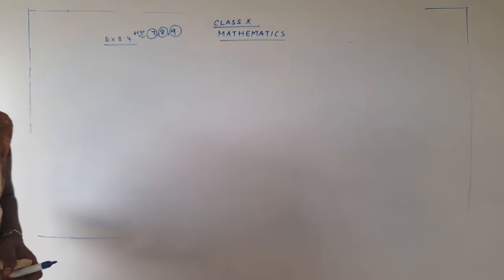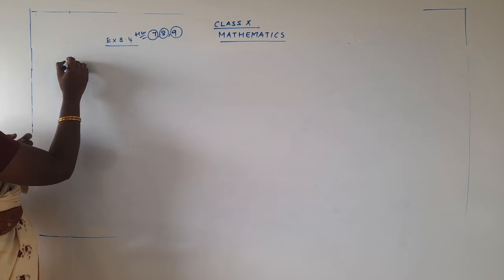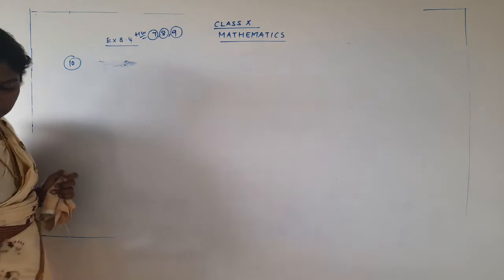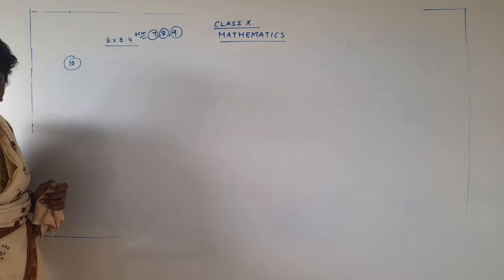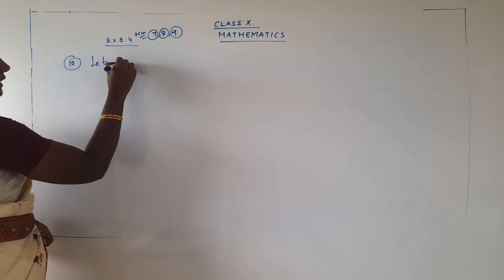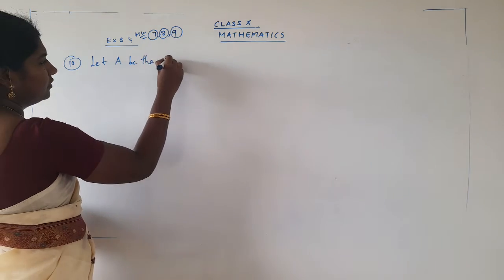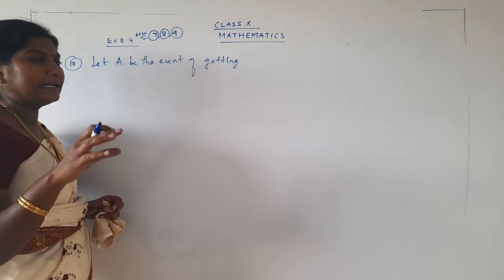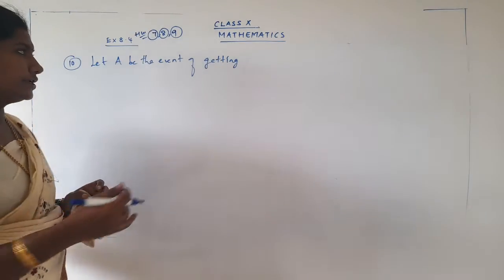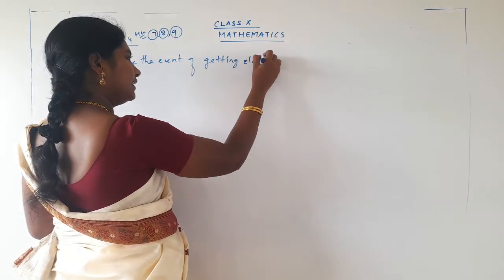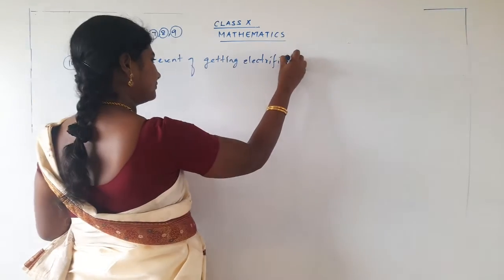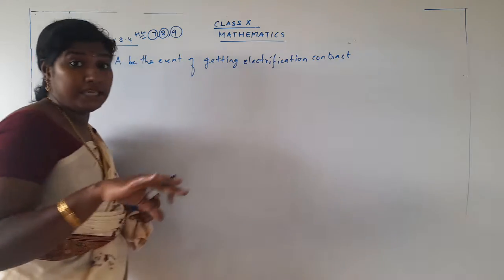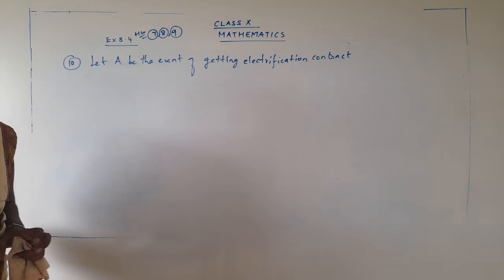So what is A? I will define the event first of all. This is sum number 10. Let A be the event of getting electrification contract. So it's related to electrical work. And what is B? It is about the plumbing contract.